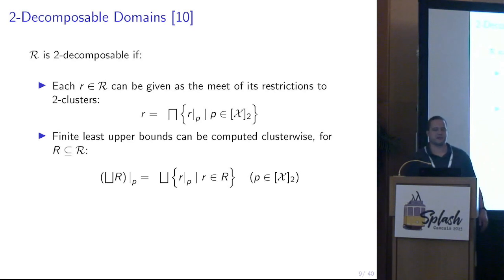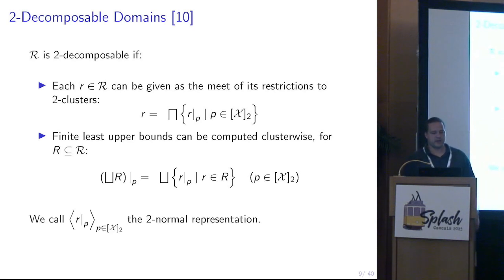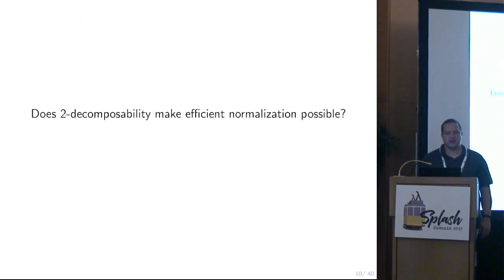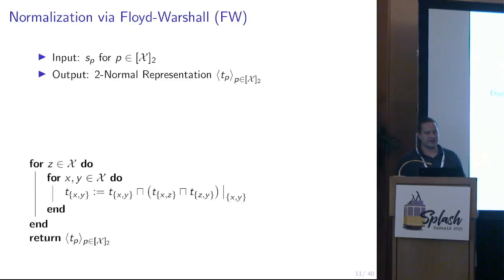This is the property that we have written here. And then we would call this restriction to these 2 clusters the 2 normal representation, a bit of notation again. And for octagons, this then corresponds to the strong, respectively the tight closure, this 2 normal representation. Now our idea was that maybe if we have this 2 decomposability, we can already do the efficient normalization.